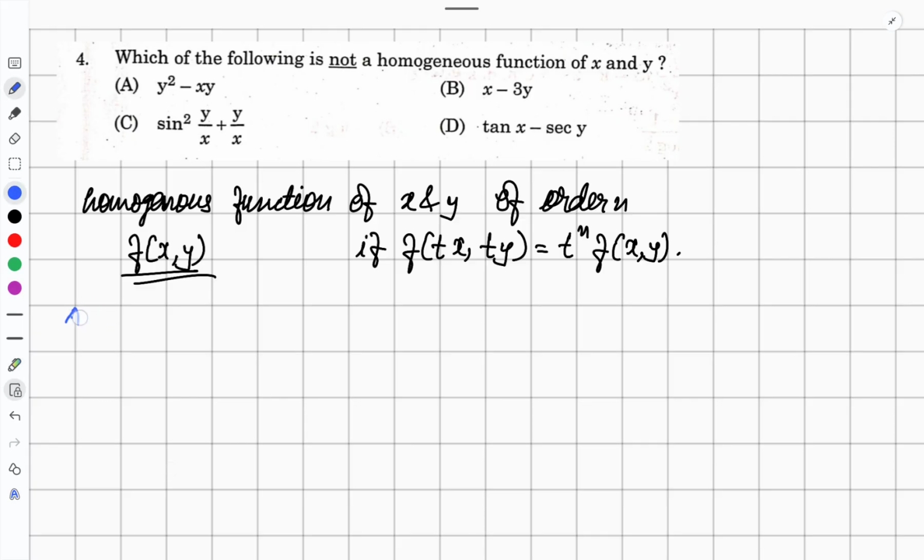So let's look at option A. f(x, y) is equal to y square minus xy. Plain and simple. So we need to find the function f of tx and ty, where t is any real number.